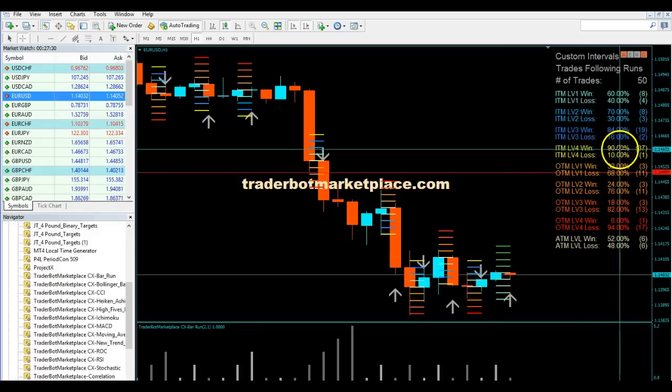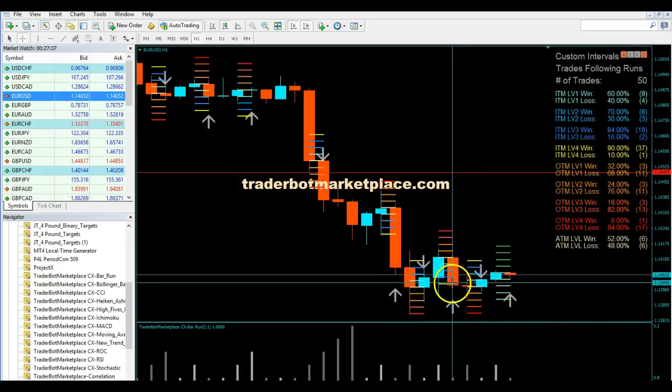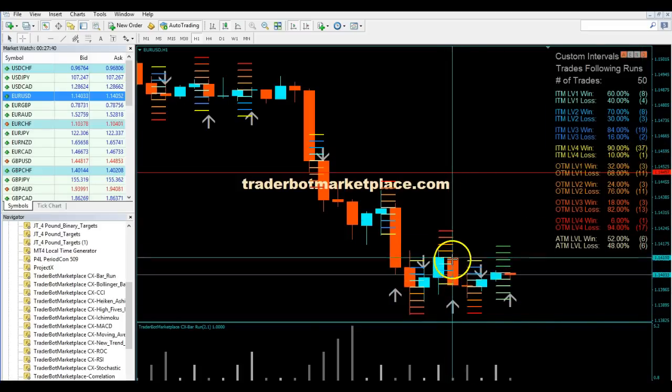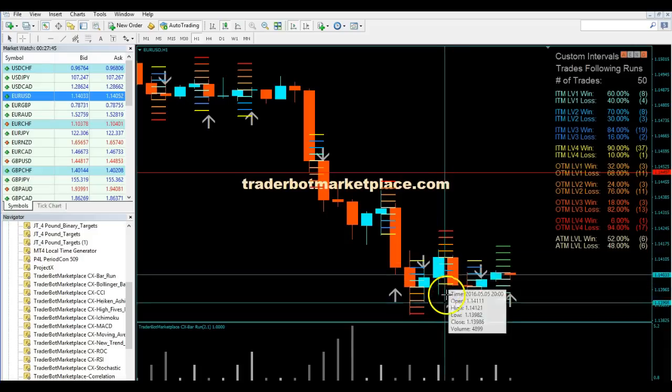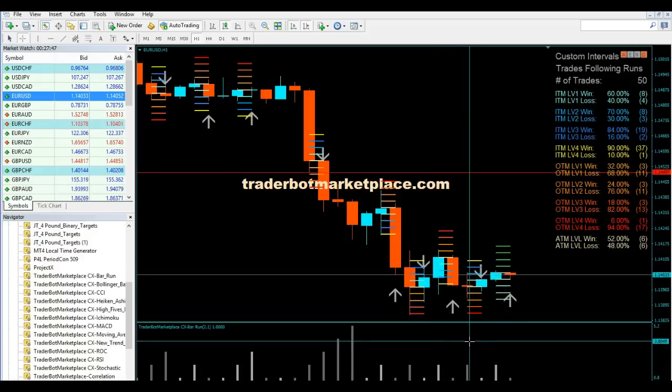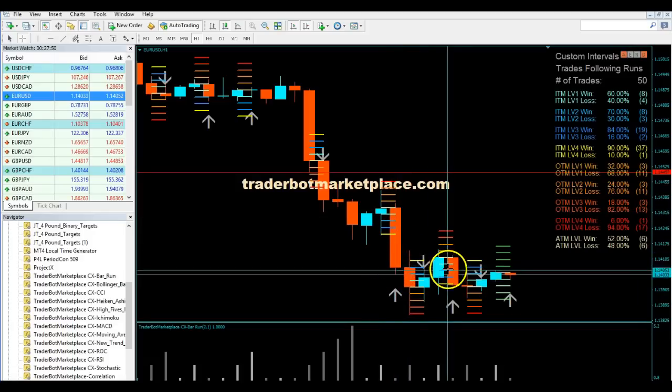It has won that type of trade 37 times in a row and has not lost twice in a row. So that's that. Here is a loss right here. Here's one of the losers that counts against your 90% win rate. But if you look at all of the others, here's one that lost as well. There's one.